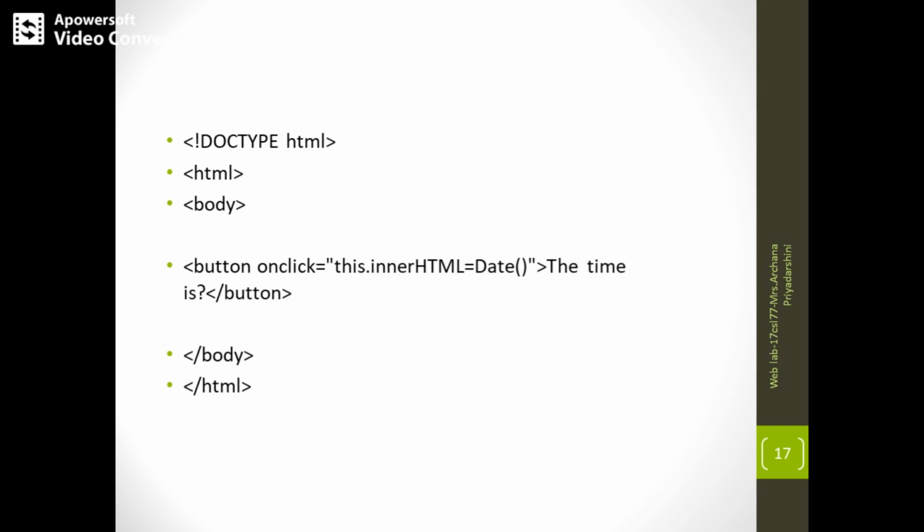That date will replace the message or paragraph that is currently there. You can observe that the button is named as the time is. When you click that button, you will get the date. That is the result of this onclick event. An action is triggered, that is, the date function is called.